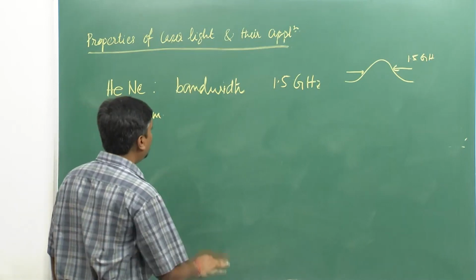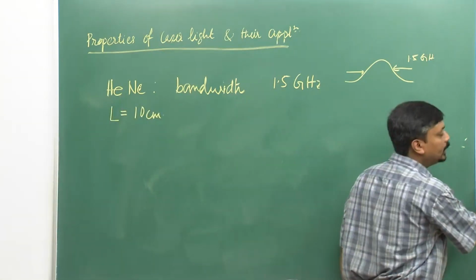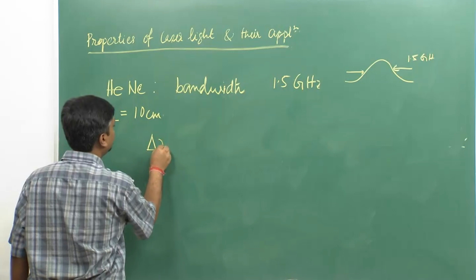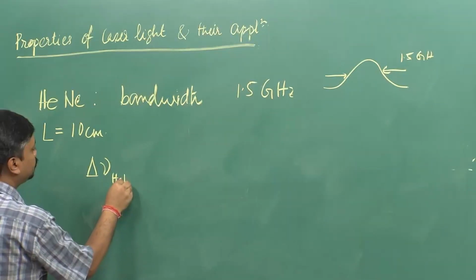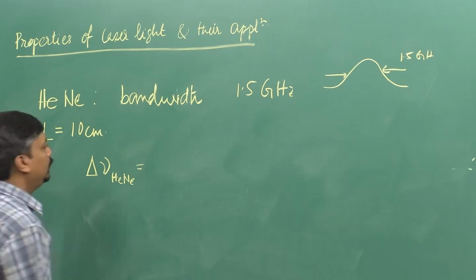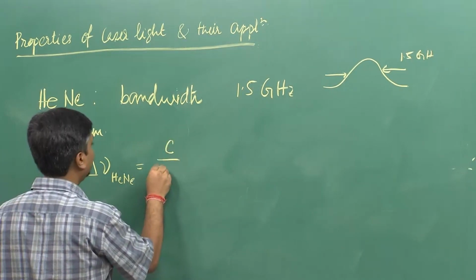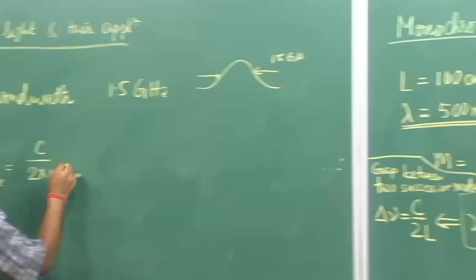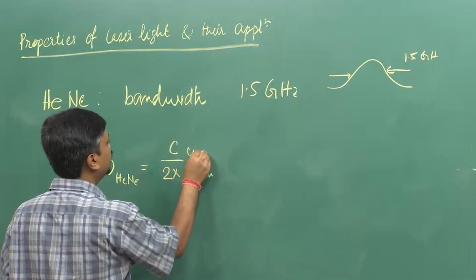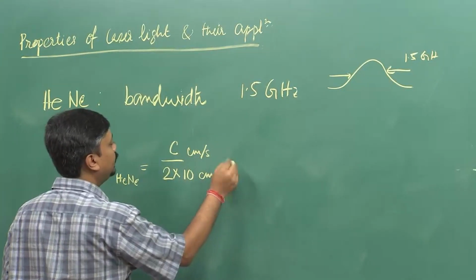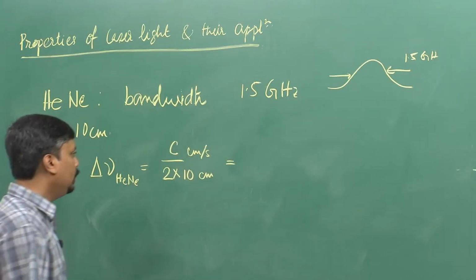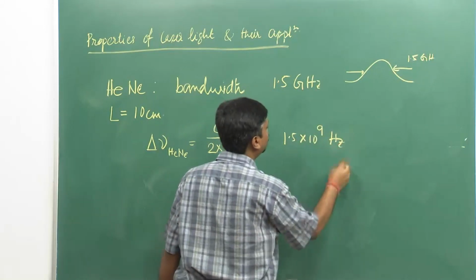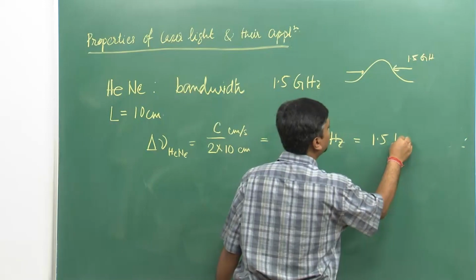So what is the gap between two successive modes? If I call that delta nu for Heine, what is the value? That is c by 2 into 10 in centimeter. So you find this as centimeter per second, and you get it in hertz unit. So what will be the value that you will find? Which is 1.5 gigahertz.